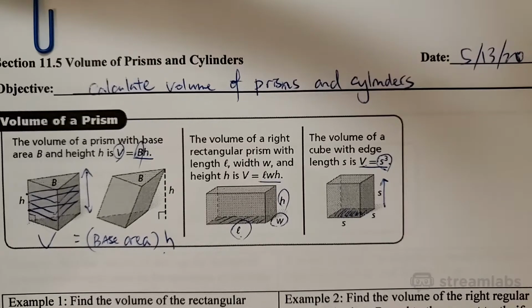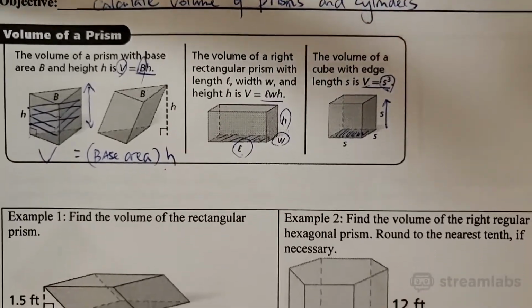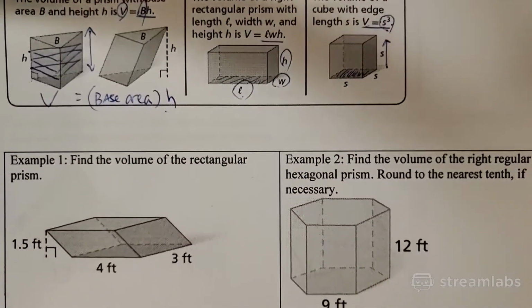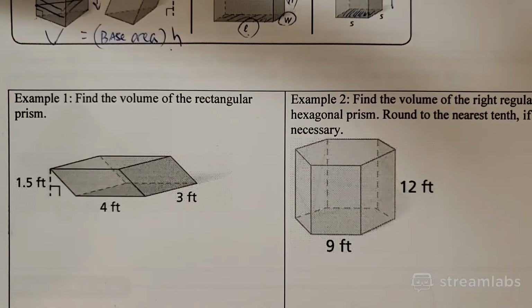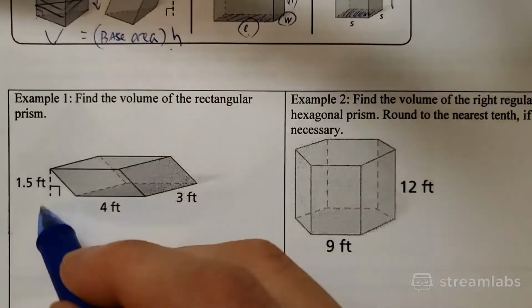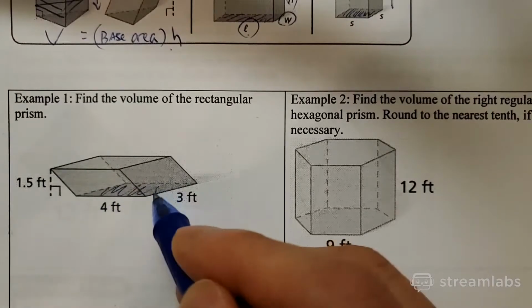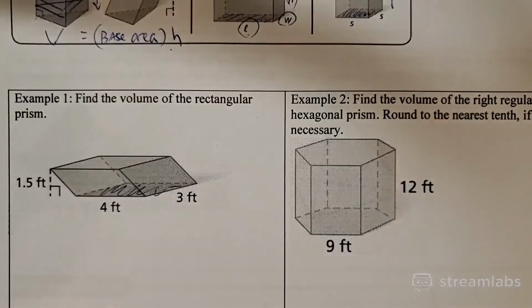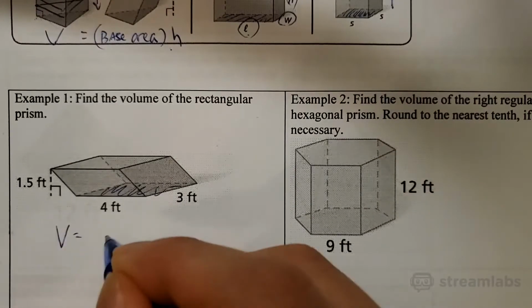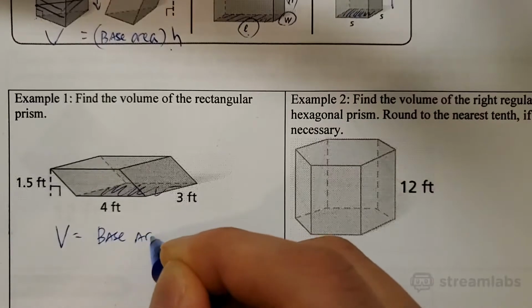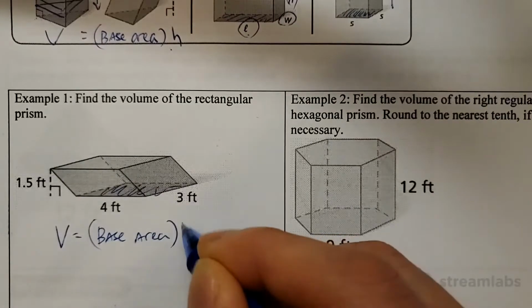All right. If that's fine, let's look at an example problem. Find the volume of the rectangular prism. Notice that this is slanted, right? But they tell you the base is rectangular. This part is slanted, so the base must be here, right? So the volume equals base area times height.